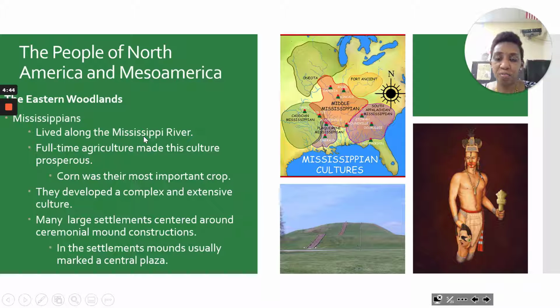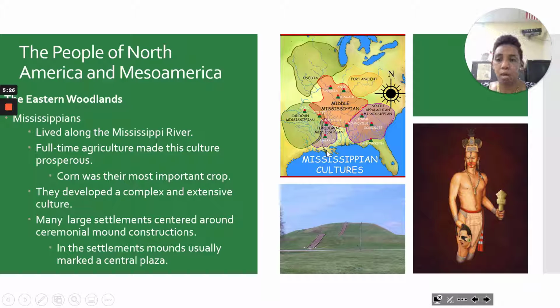The key characteristic for these tribes is that most of them settled or established their territory or their empire along rivers or some type of body of water. That's a key element to look at in terms of all of these cultures. Full-time agriculture is what made this culture prosperous. Corn was their main important crop, and you're going to find that in most of these Amerindian or Native American cultures, their biggest and most important crop is going to be corn.